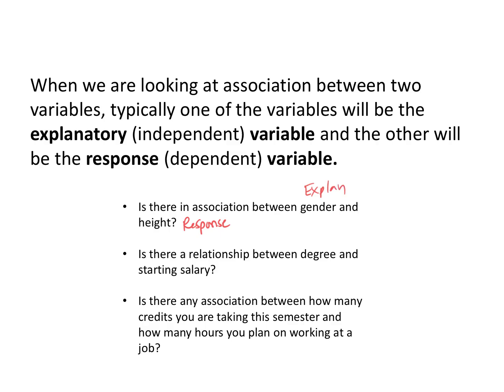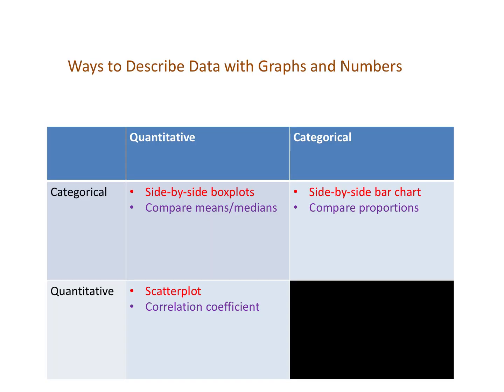If we ask, is there a relationship between degree and starting salary, we're likely trying to show that salary depends on your major or your degree. Is there any association between how many credits you're taking and how many hours you're working? Sometimes there's not a clear choice, and that's okay. We don't always have to have an explanatory and a response variable.